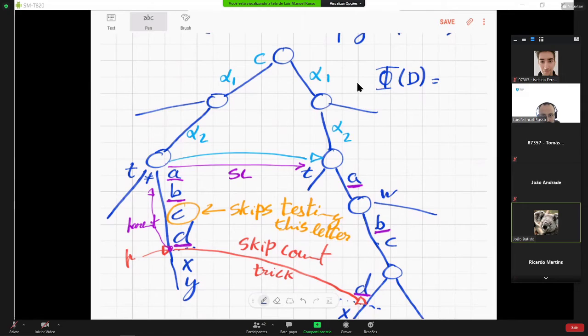Something related to the distance to the father node. Okay, that's actually, yes, that's true. Yes, that would actually work. Yeah, that would work fine.